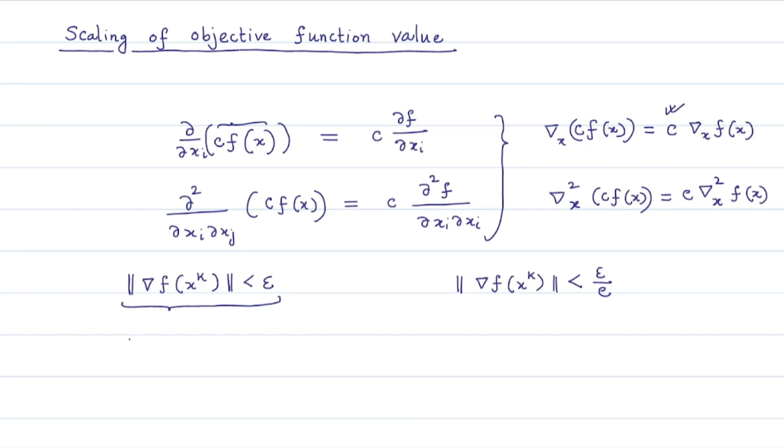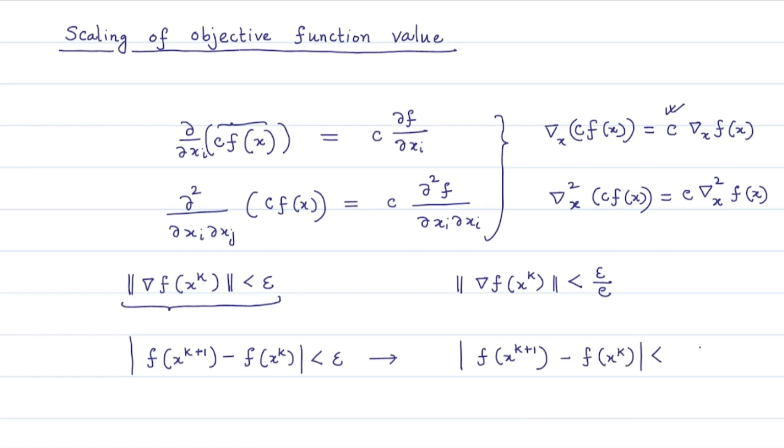Similarly, if we employ a stopping condition that the function values are not changing across the iterations, that means the difference of the function value in consecutive iterates is not changing, then in the scaled function, this stopping condition will become: the absolute value of f(xk plus 1) minus f(xk) is less than epsilon by c.